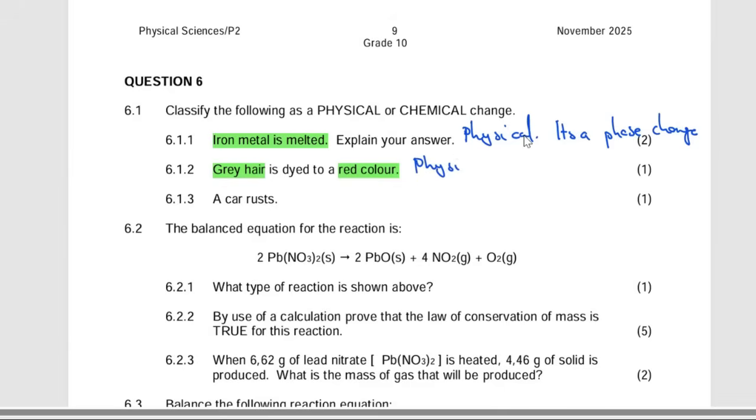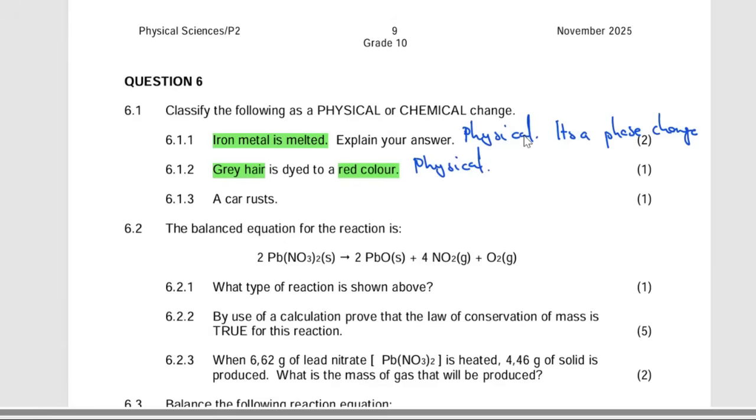So the properties of the hair are still the properties of the hair. The properties haven't changed, the composition remains the same as hair. Yes, I know we are using chemicals, so someone might be tempted to say it's chemical since we are using chemicals to dye your hair. But the property of the hair remains the same.